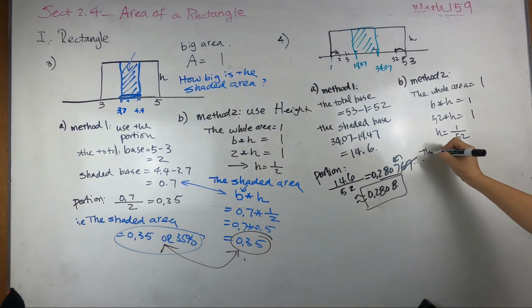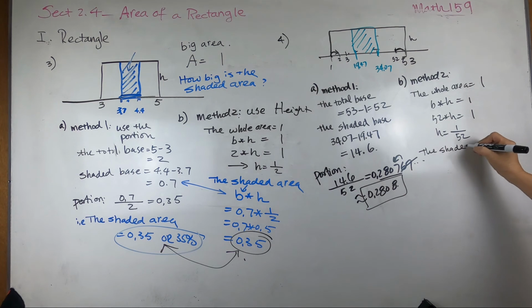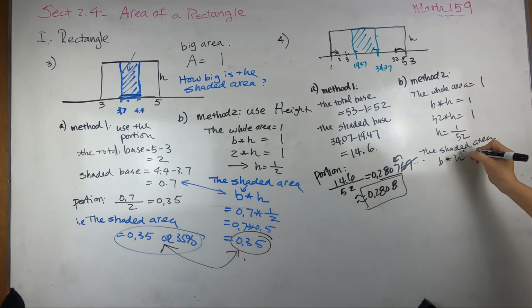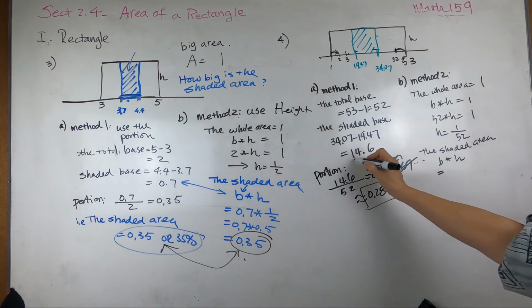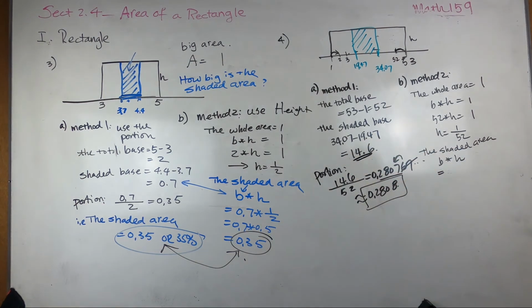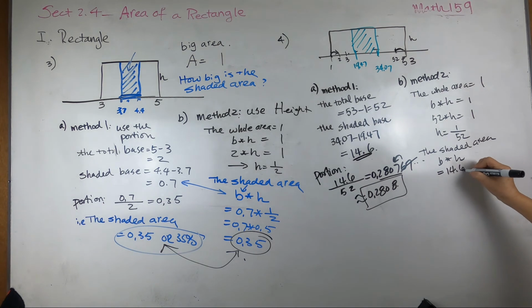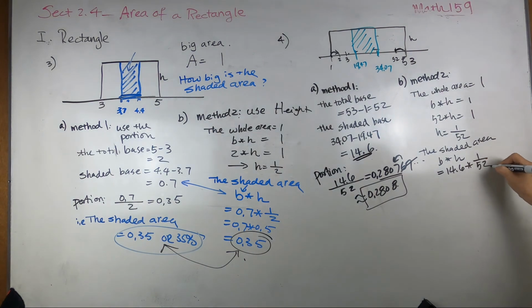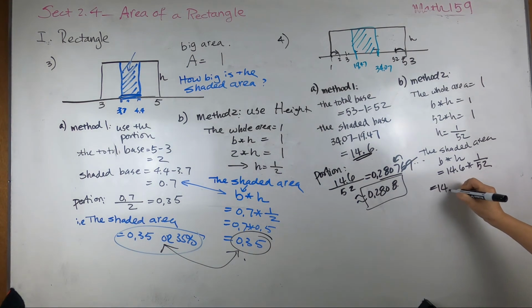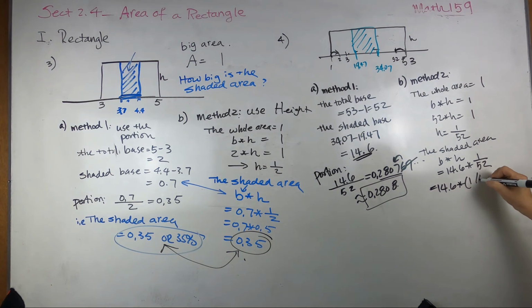Then the shaded area would be the base times height for the shaded area. The shaded base is 34.07 minus 19.47, which is 14.6, times what? The height. That's how we do it, right? Then you use the calculator. 1 divided by 52 you do first, by order of operations, then just follow the rule.